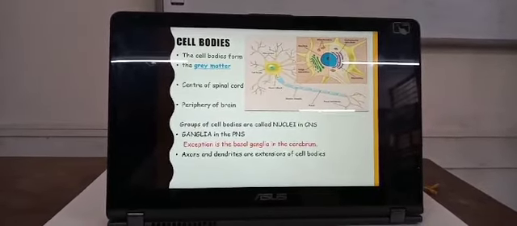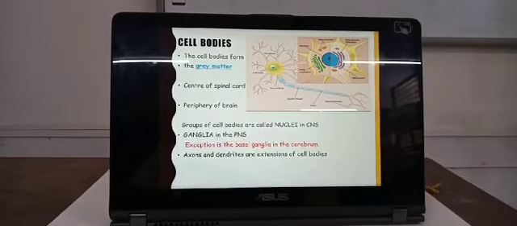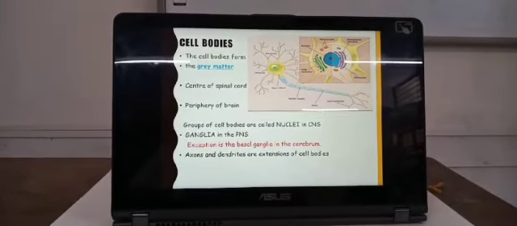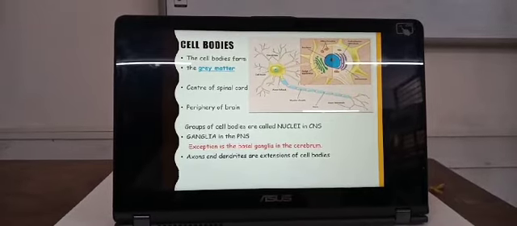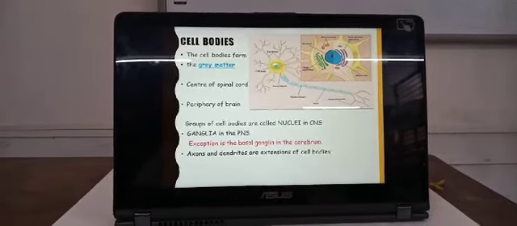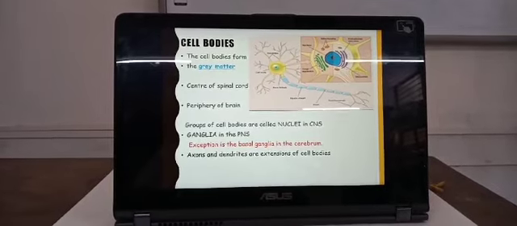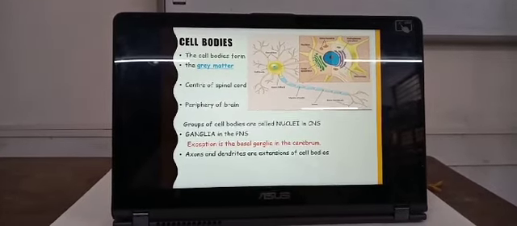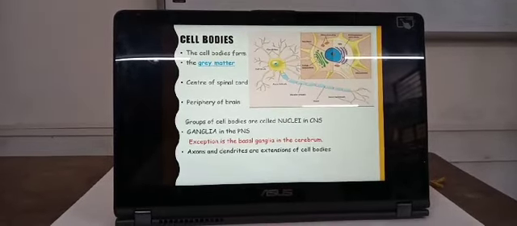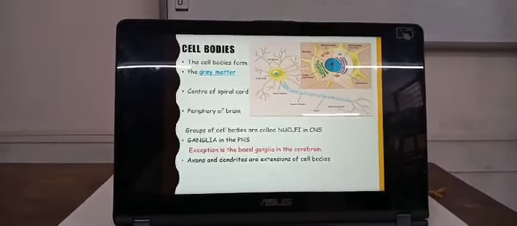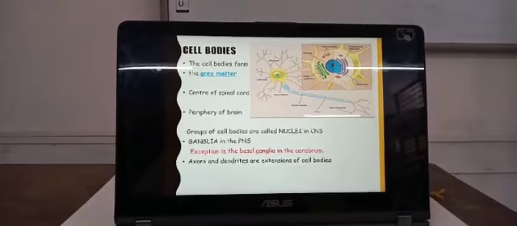So this is what it is. There is an exception in this. There is something called the basal ganglia, which is a collection of cell bodies that is present in the cerebrum. You will learn why it is called basal ganglia when we go to the brain and when we read in detail about the cerebrum.